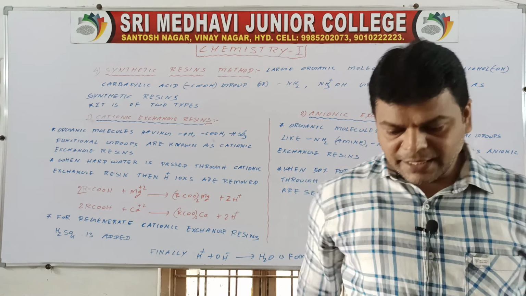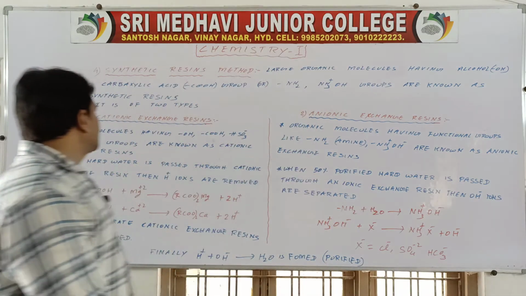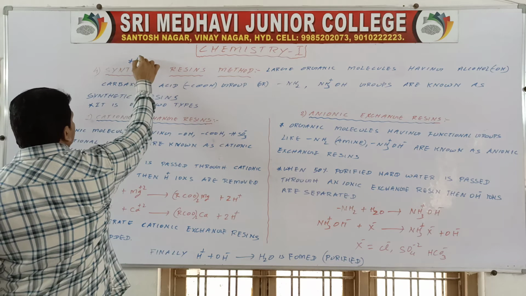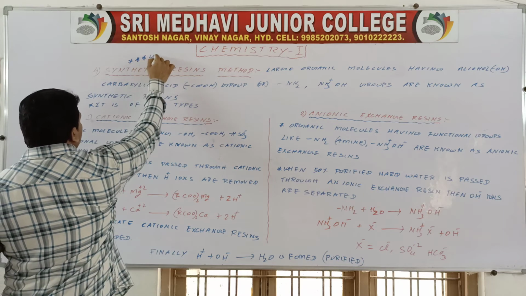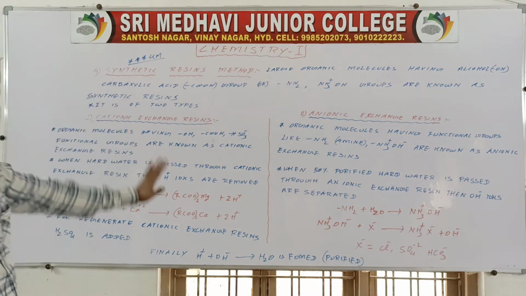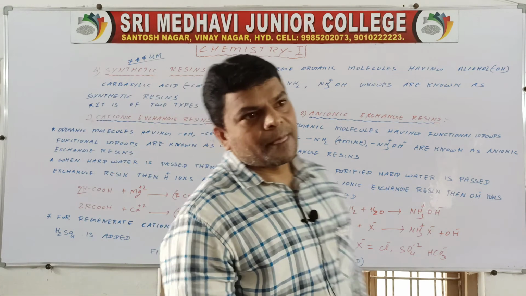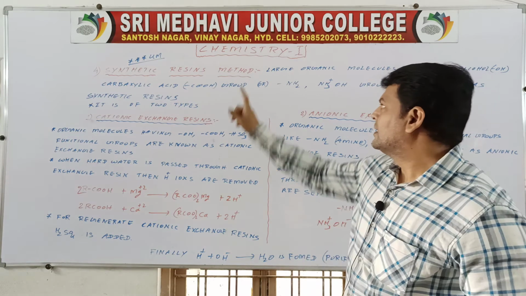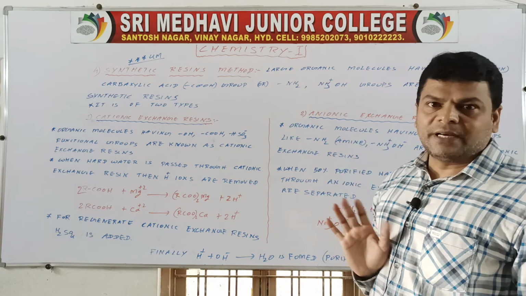Understand? See here, this is an important process for 4 marks. So in this process, how is permanent hardness removed from water? By using the synthetic resins method.